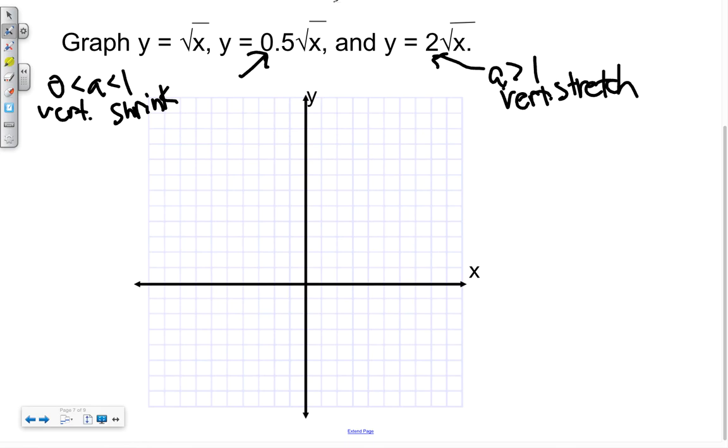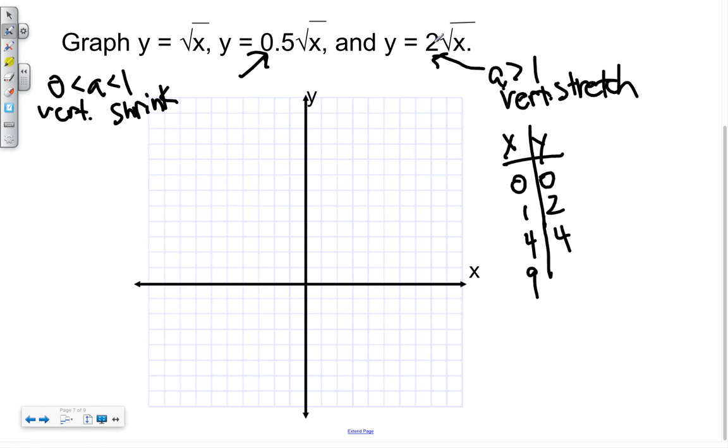If we do this one here, it's not going to change the domain and the range. So let's try and plug in some points here, 0, 1. Remember, we're plugging in perfect squares because it's underneath the square root. 4, 9, and so on. So plug in 0. 0 times 2 is 0 still. Plug in 1. 1 times 2 is 2. Plug in 4. Square root of 4 is 2 times 2 is 4.